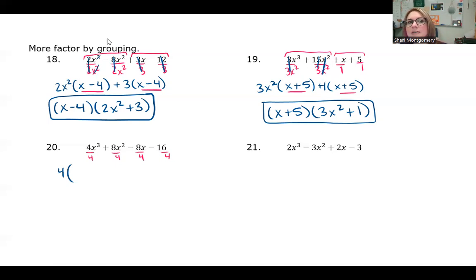What would happen is that in this pair you end up with 2x minus 8, and you could have pulled something else out of one of the factors.